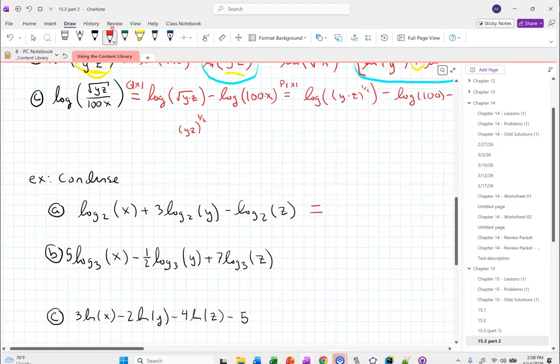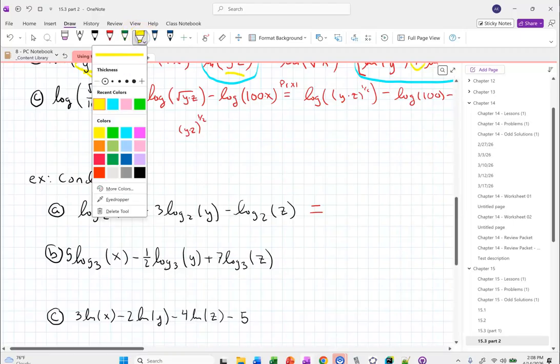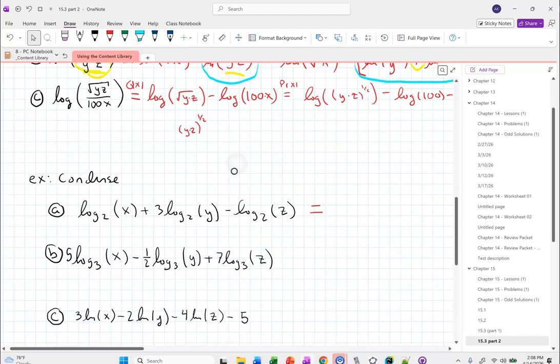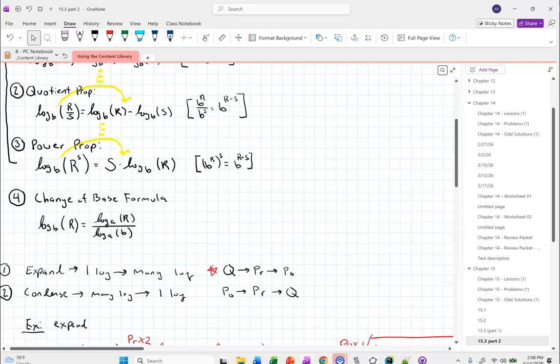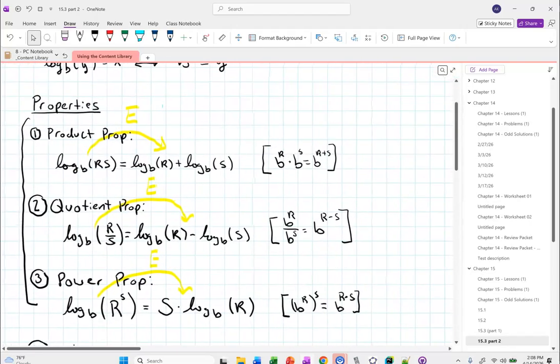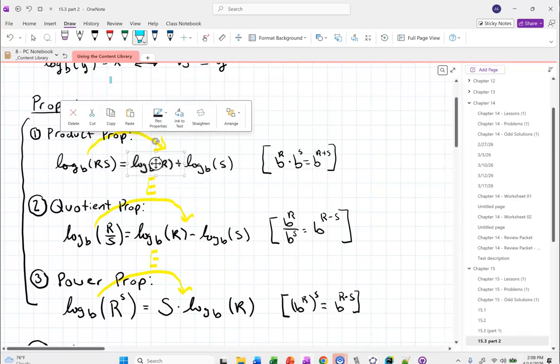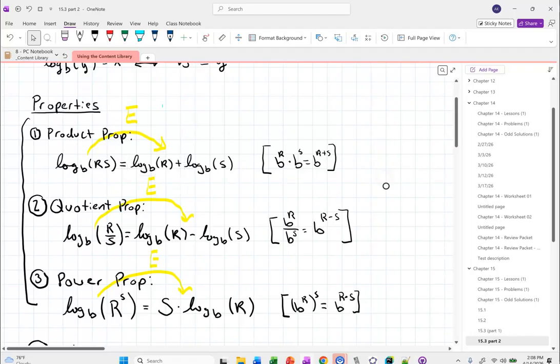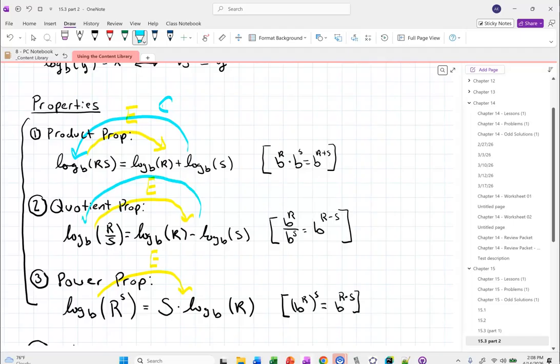So, first property we look for is, hold on. Remember when we were doing the expanding property, we're trying to break these apart, correct? When we're doing a condensing, though, we're trying to put them back together. So we're kind of going this direction. Everybody's okay?